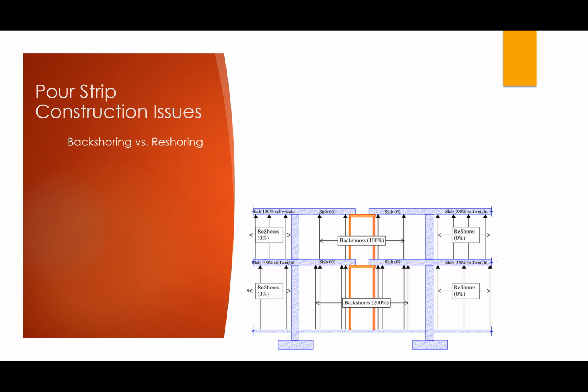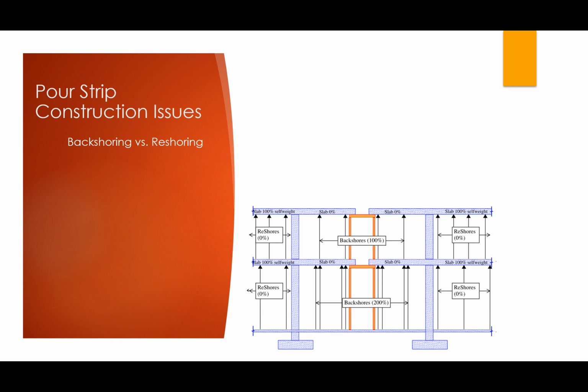But your reshores, interestingly in this condition, at least for a short time, are not going to be loaded here. And the reason is because level 2 and level 3 are both supporting their own self-weight. So when the shores, once again, are put in at level 3, they're just put snug up against the underside of the slab after the slab is already deflected.